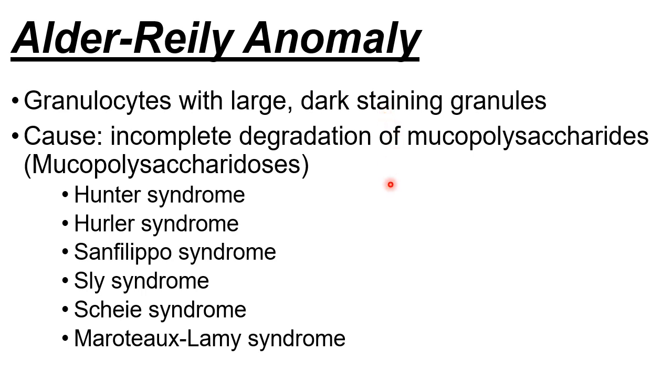Ang mga waste products na to is what you call the mucopolysaccharides. And merong mga condition na hindi nakakapag-degrade nitong mga mucopolysaccharides called your mucopolysaccharidoses. And this group of conditions, itong mga to, Hunter, Hurler, Sanfilippo, these are all associated with Alder-Reilly anomaly.